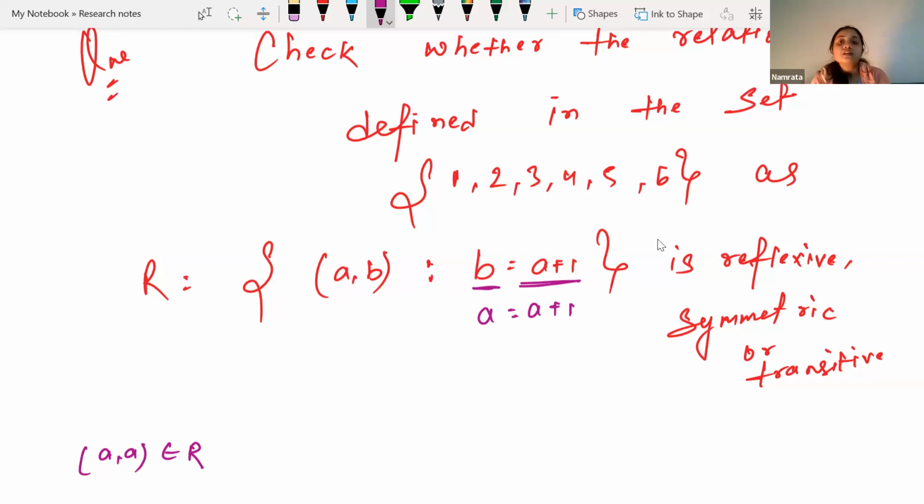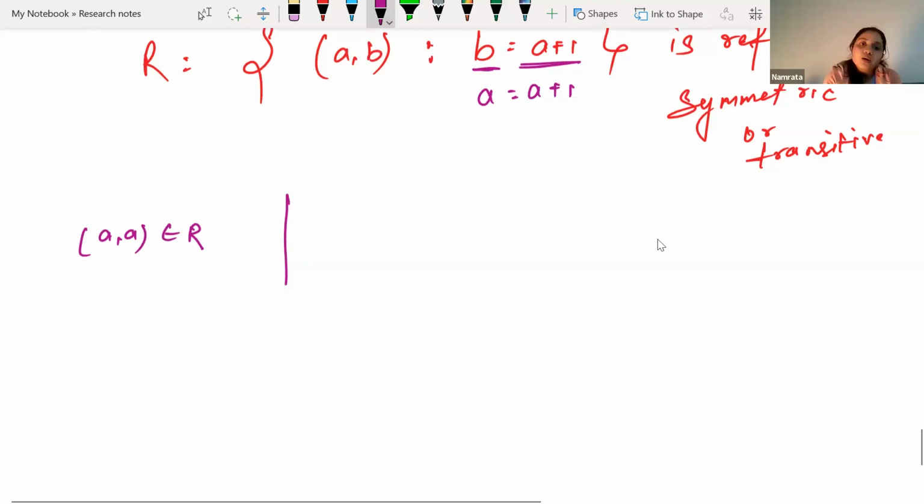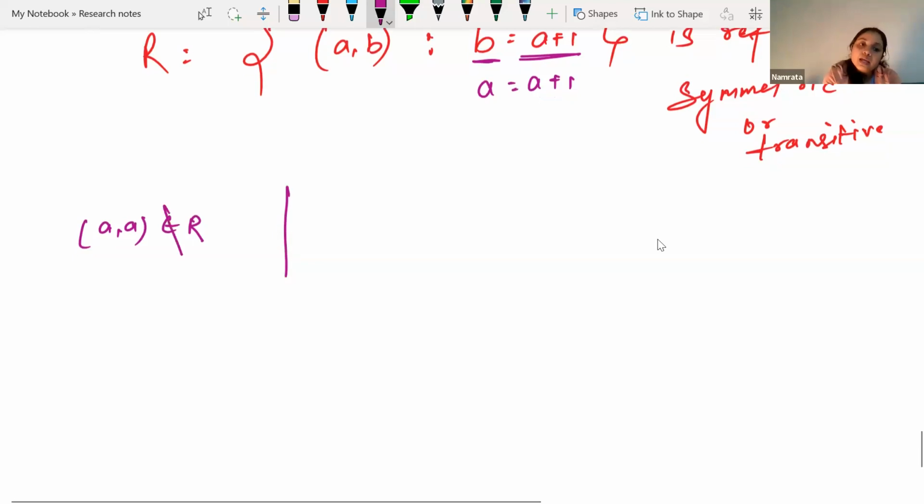A is equal to A plus 1 is an invalid equation, like saying 2 is equal to 3. It's completely invalid. So it's not reflexive. (A, A) doesn't belong to R, hence not reflexive.